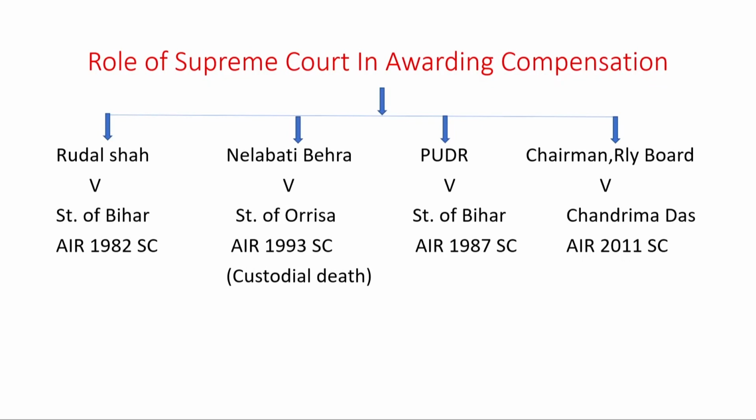The third important aspect of Rudal Shah case is compensation. So why have I put compensation third? Three important things which the Supreme Court has laid down in this case. First, a detainee has right to get compensation.